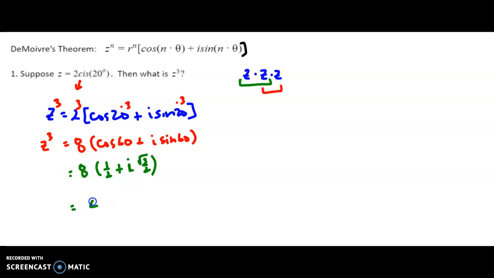So that's going to be 4 plus, when this gets distributed, that's going to be 4i root 3. Okay, so this would be your answer if it asks you to put it into rectangular form. If not, then what's here in red would be complete, right?